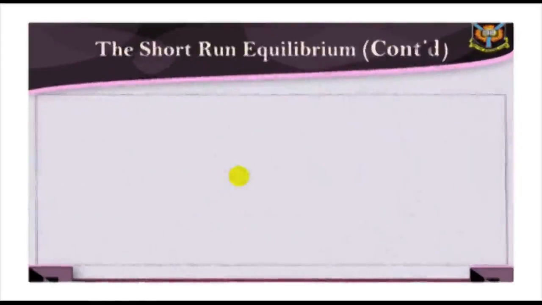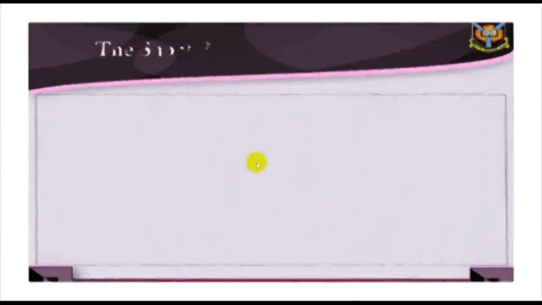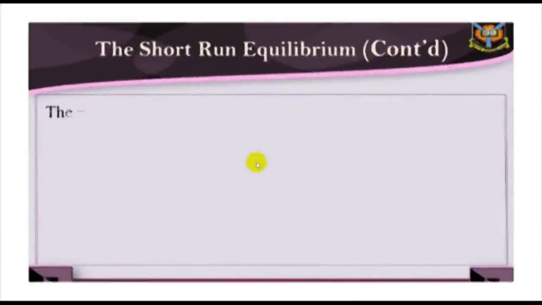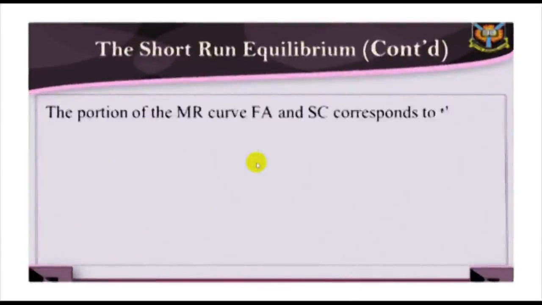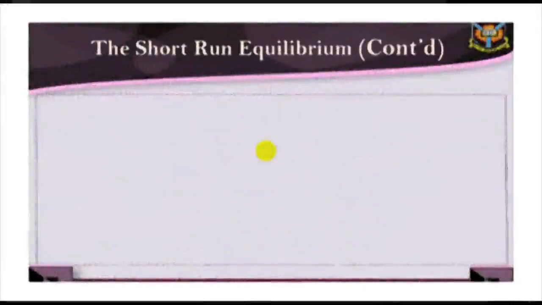The kinked demand curve has implications for the marginal revenue of the firm. The marginal revenue curve is discontinuous at output X. The portions of the MR curve, FA and SC, correspond to the two portions of the demand curve, FD and DE, respectively.